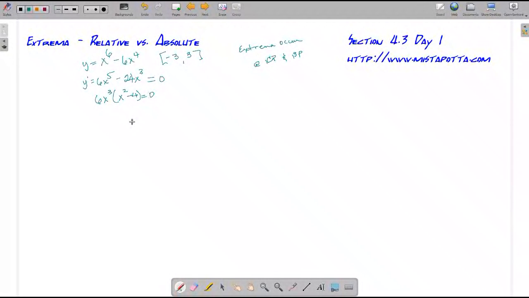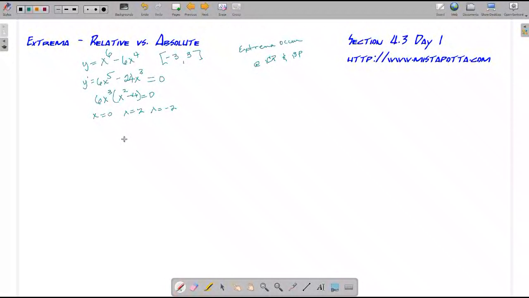And so I have three solutions to this: x equals 0, x equals 2, and x equals -2.